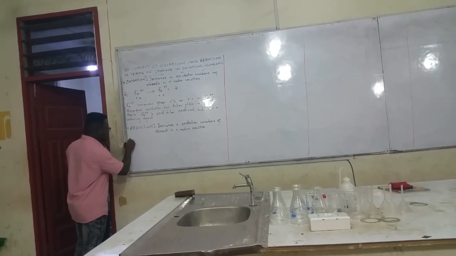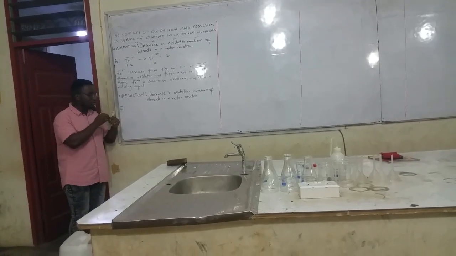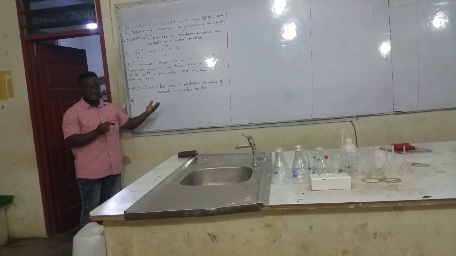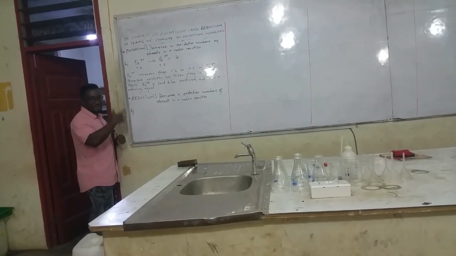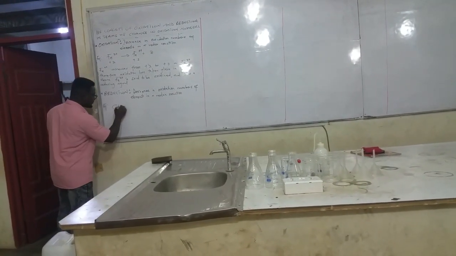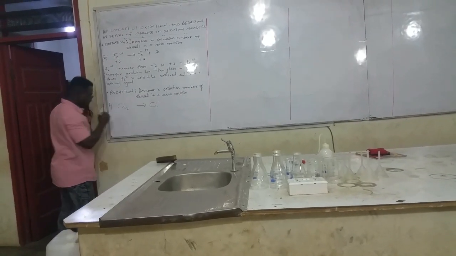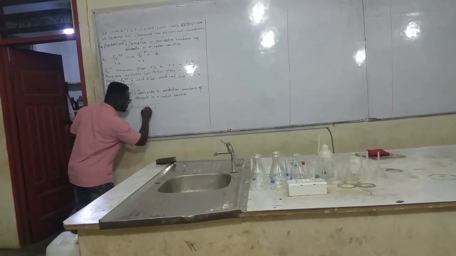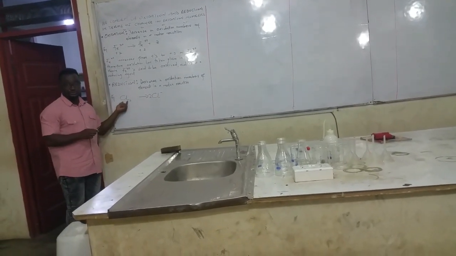So a typical example is what I started in the introduction. When I was going to introduce the reduction process, I gave you a typical example. Then I asked what is happening. We have a decrease. So we have chlorine produces Cl minus. Now I'll put 2 so I can balance the number of molecules.